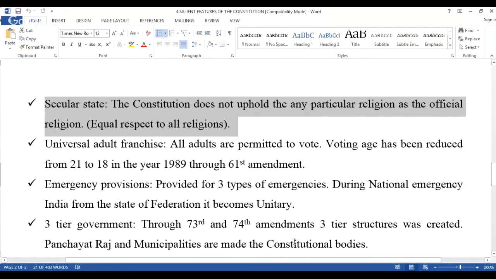Very, very important. For example, on day number one also I was telling you, maybe the majority of you have voted in the previous elections. If you have voted in the previous election, definitely at the time of voting, your age was not less than 18 years. Am I right?